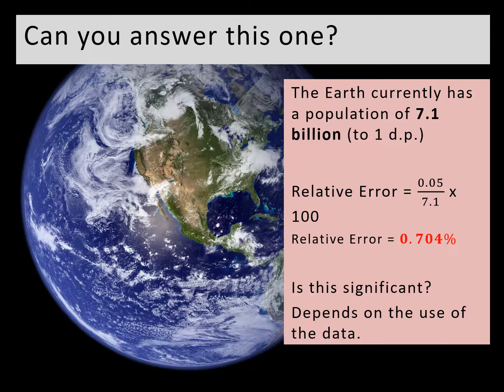It depends on the use of the data. Absolutely it does, but I would suggest that it's probably not. If, however, it turned out that we had done it to the nearest billion, and the population was 7 billion, and our absolute error was 0.5, then that might give a relative error of 7%, and that is certainly on the borders of significant.